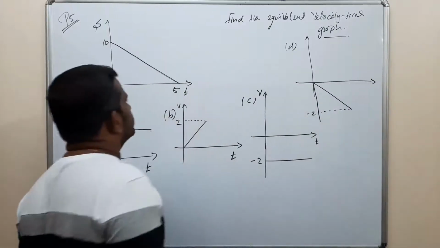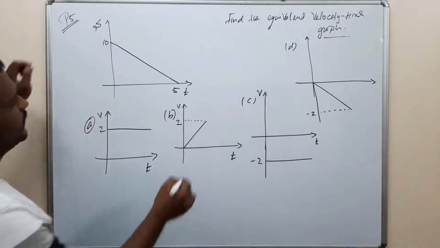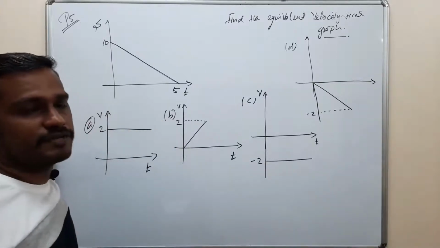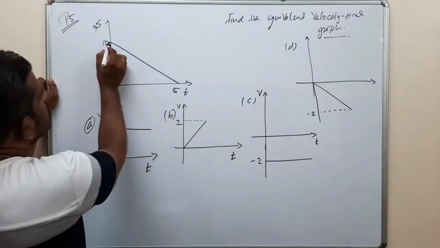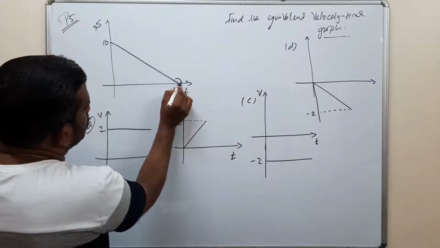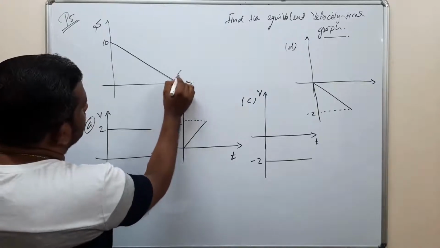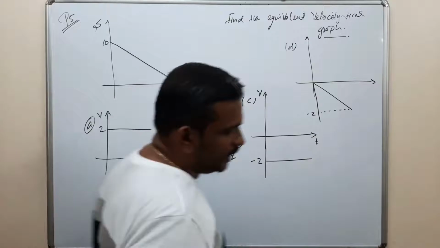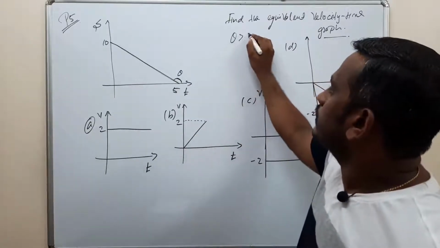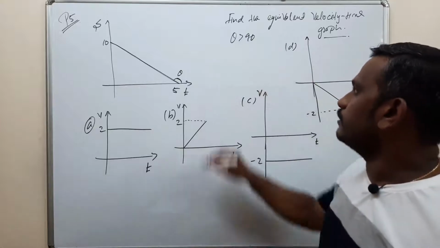We know that the slope of the displacement time graph gives the velocity. The slope of this curve is theta, and theta is greater than 90 degree from this graph.